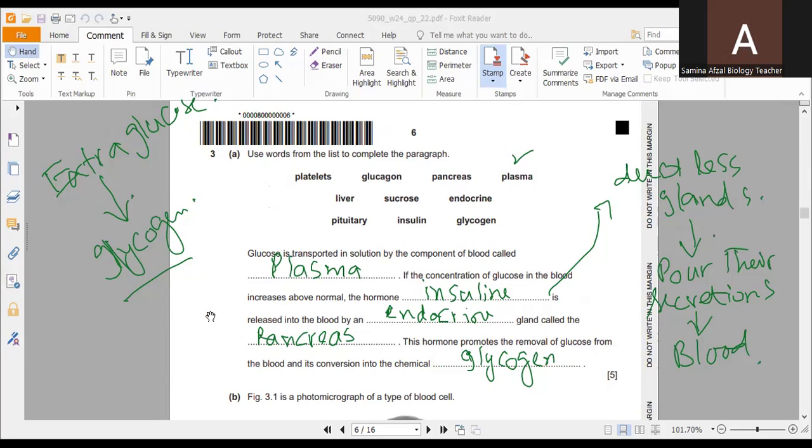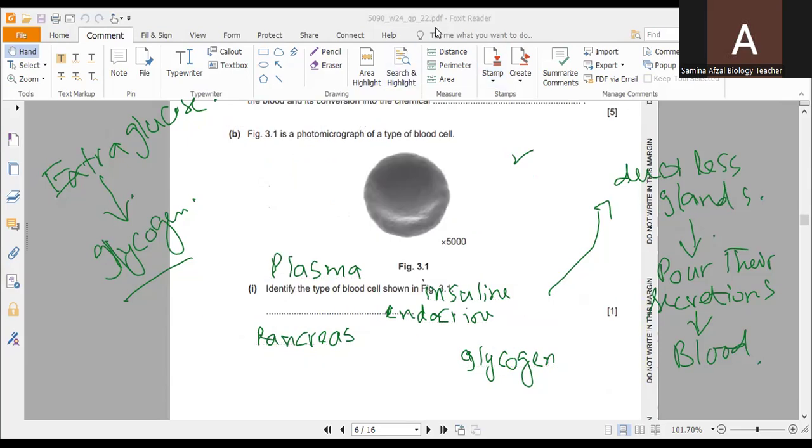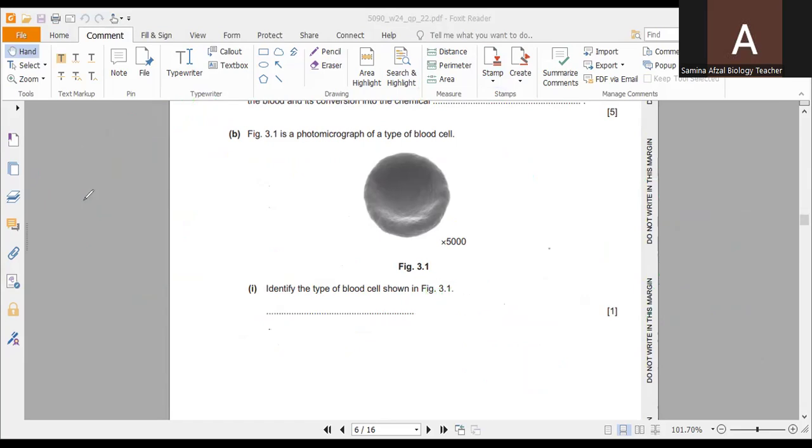Next part is figure 3.1, a photomicrograph of a type of blood cells. You can see the blood cell. How can we identify it? This is a red blood cell because you can see that there is no nucleus, it is non-nucleated.